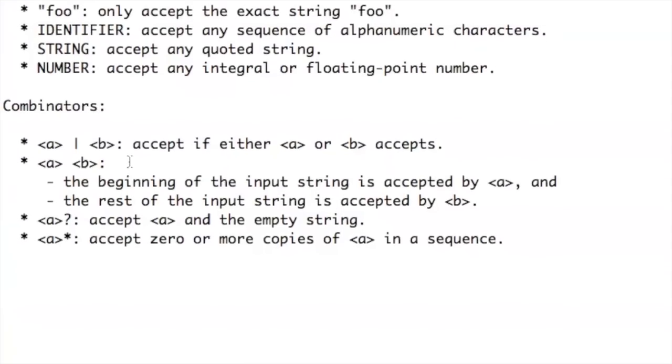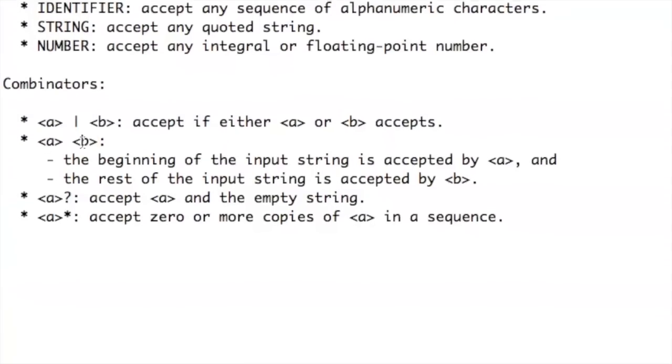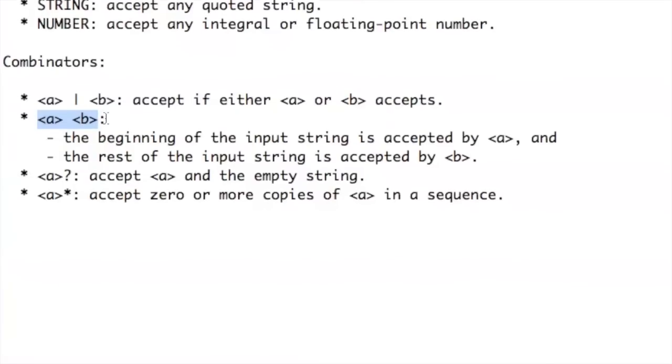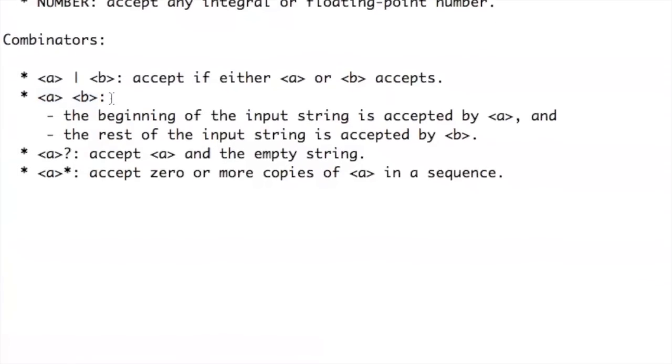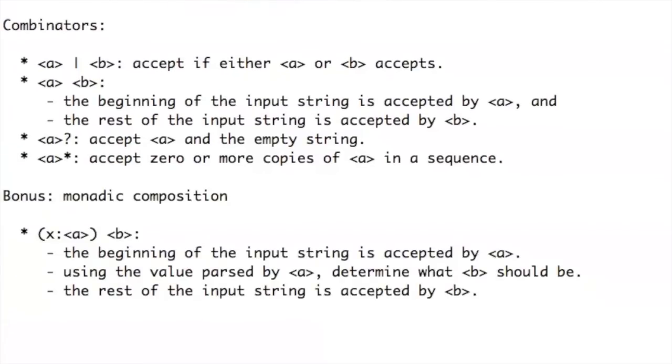So let's see what would happen if we were to extend this particular combinator so that it becomes a monadic composition. Well, what we need is to give a name to whatever is parsed by the first part, and now we'll be able to use this name in the second part. And that's it. That's what monadic composition is all about, the fact that the second part is determined from the first part.